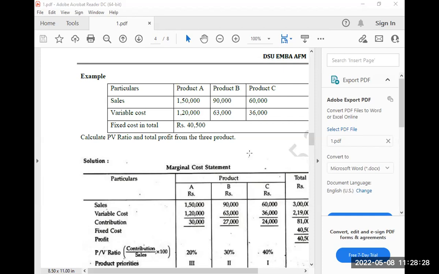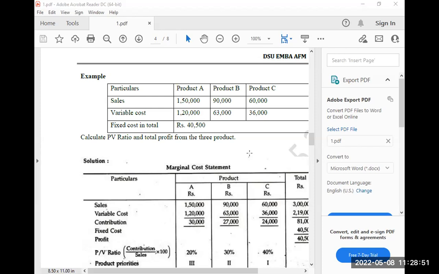So PV ratio is nothing but contribution to sales ratio. Otherwise, PV ratio for C is equal to 40%. Are you getting 40%? Yeah. That's one part of the question. Another part of the question is total profit from the three products.